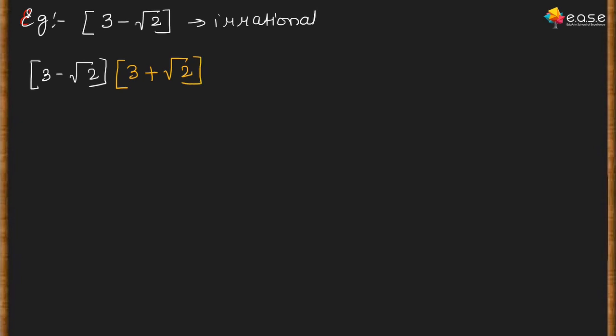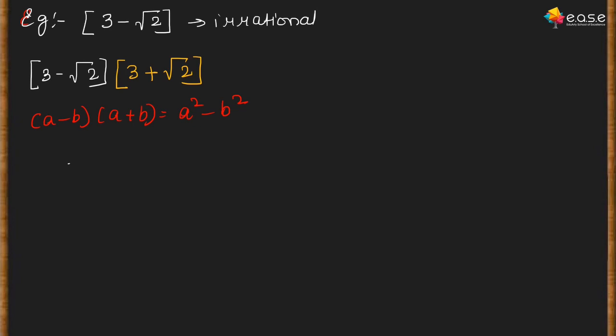Remember in the previous exercises we had seen that if we use which formula? If we use a minus b into a plus b, we will get a square minus b square, and whenever we use this formula, remember I told you we get a rational number.